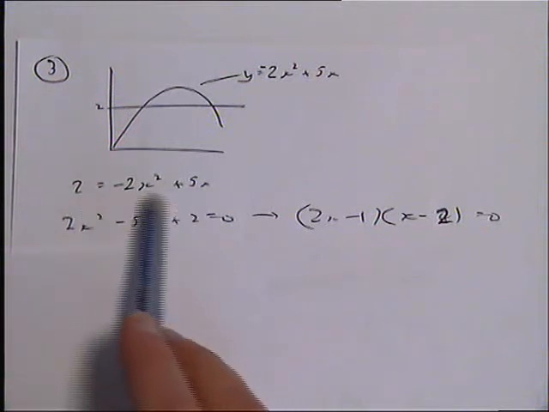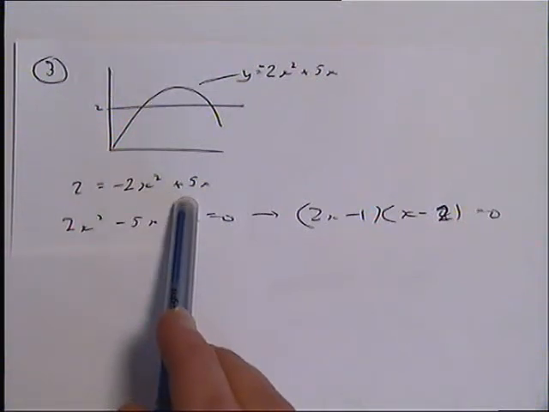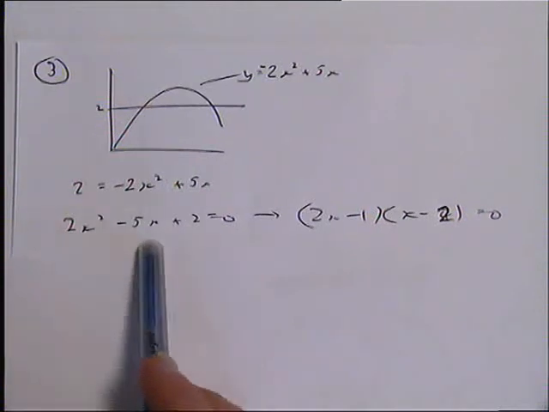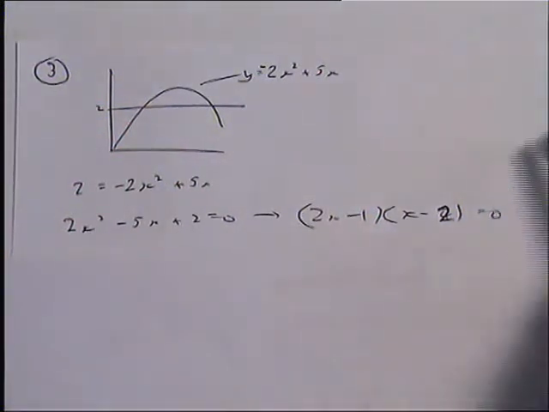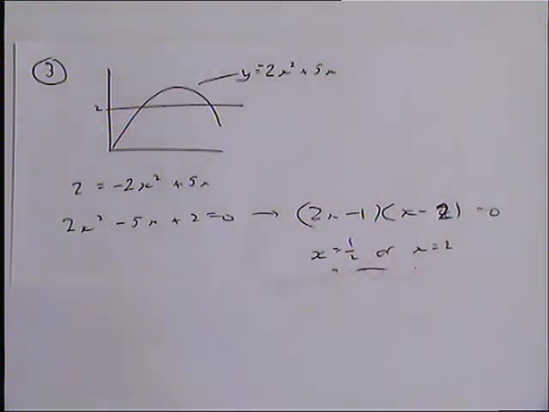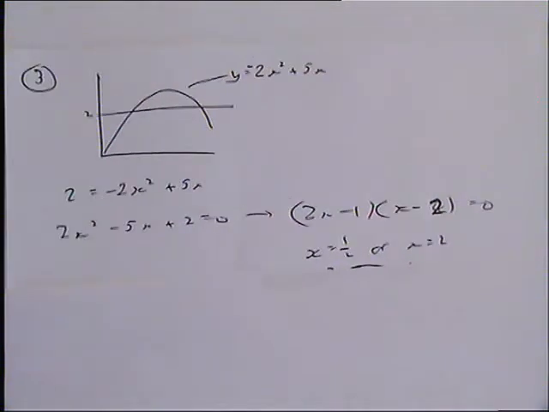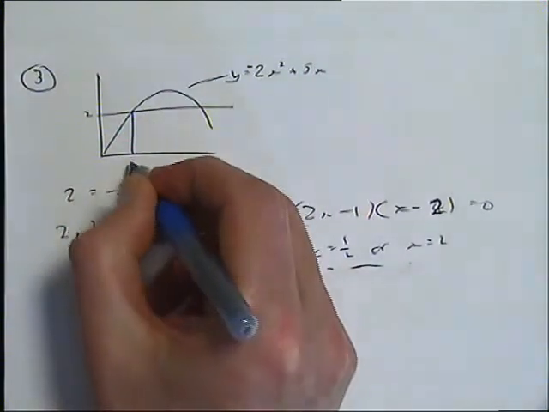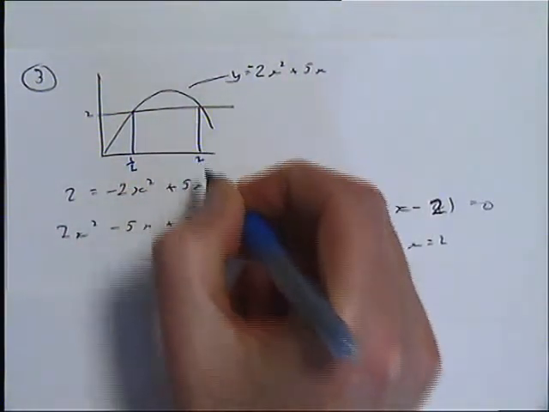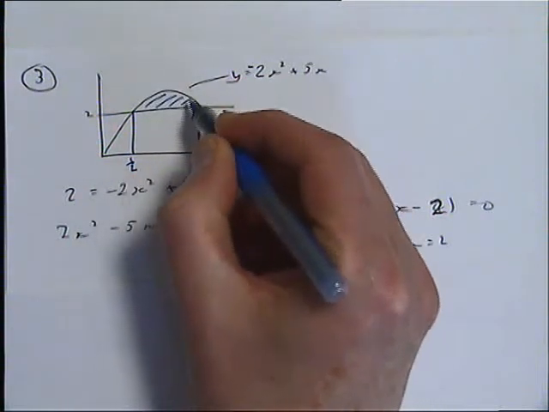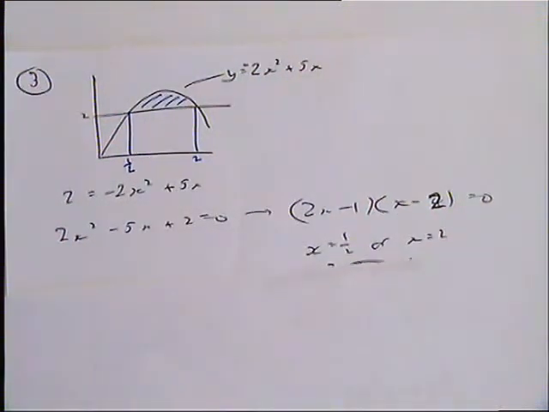Then I moved these things here on the right hand side of the equal sign to the left hand side. That got me a quadratic equation, which I was able to factorise, and I got the solutions 1/2 and 2 for x, which tells me that that is 1/2 on the x line, and that is 2 on the x line. Remember, I'm after this shaded area up here.